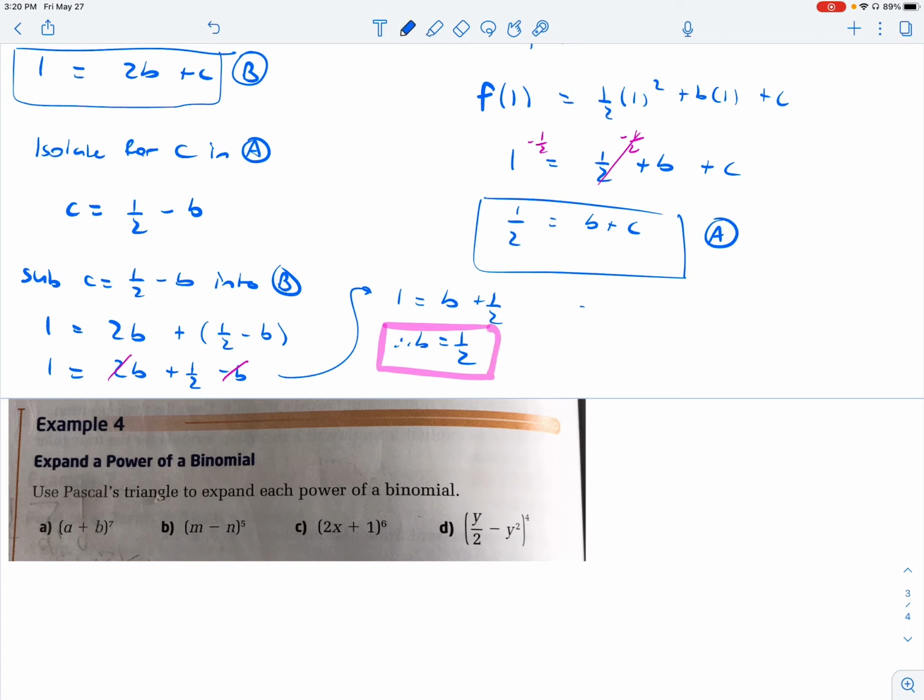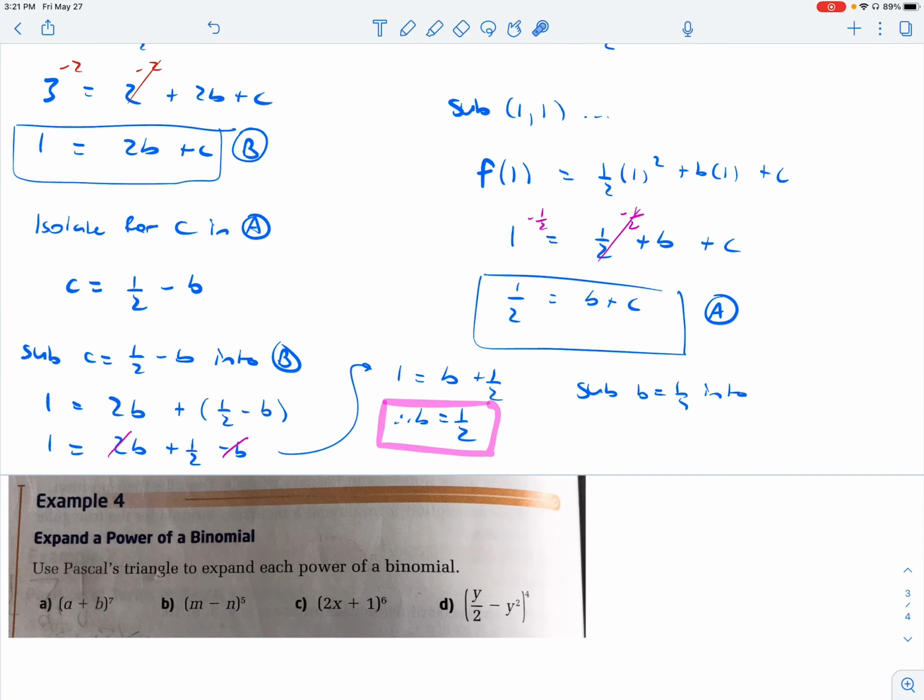And now we're going to sub b equal to a half into any equation we want. We might as well plug it into right here, and we can solve for c.